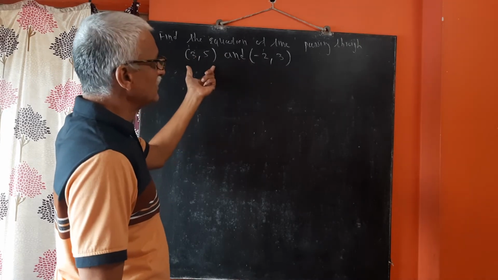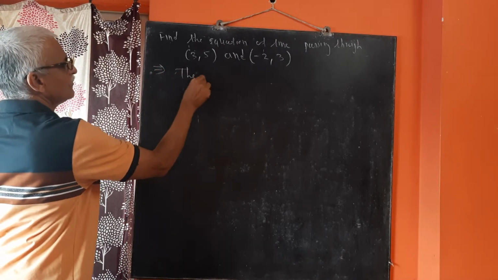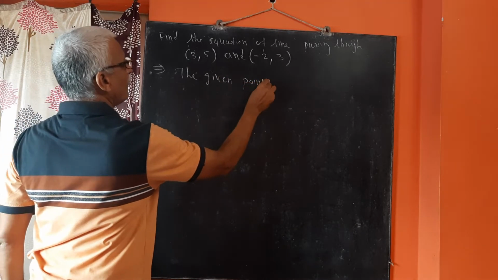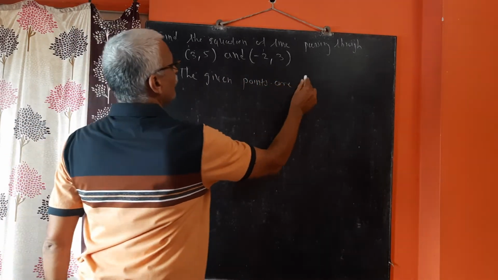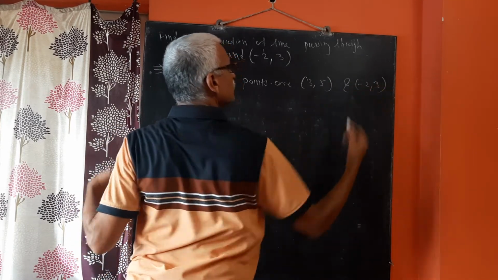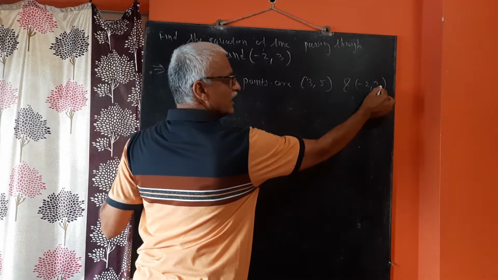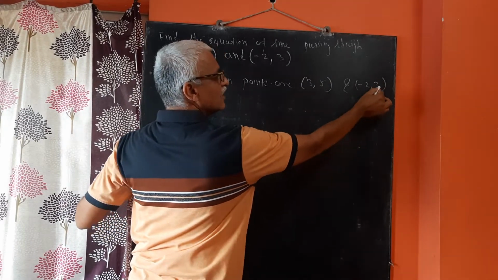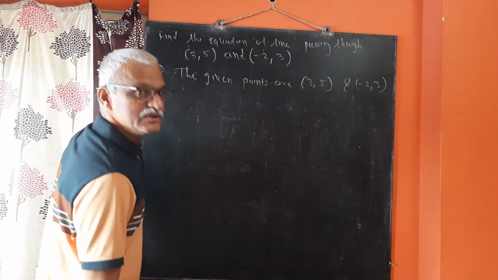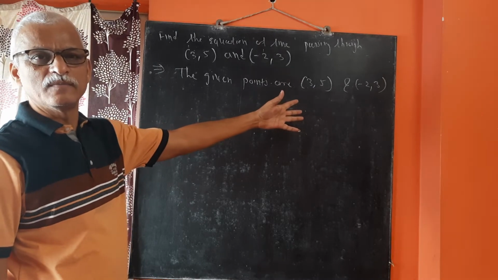There are 2 points. So the given points are 3, 5 and minus 2, 3. You may consider this is x1, y1 and this is x2, y2, or vice versa. There is no restriction on which you have to consider as x1, y1 and which as x2, y2.